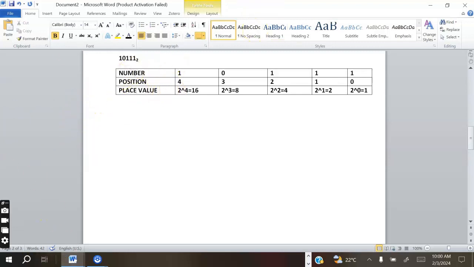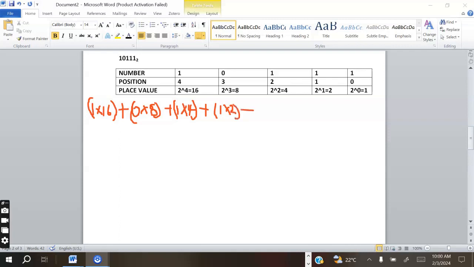number. So we start with the first scenario, which is 1 multiplied by 16, plus our number 2 is supposed to be 0 multiplied by 8, plus 1 multiplied by 4, plus 1 multiplied by 2.